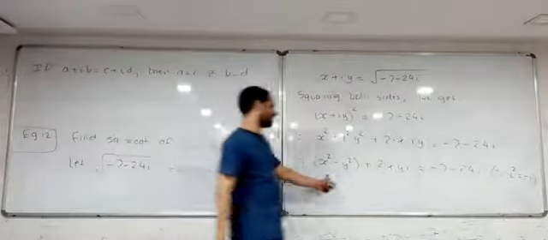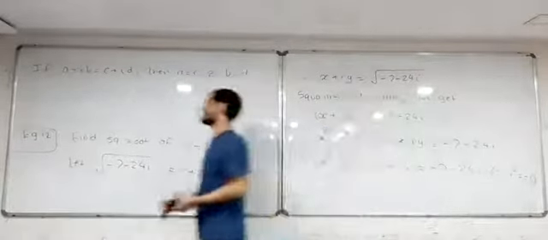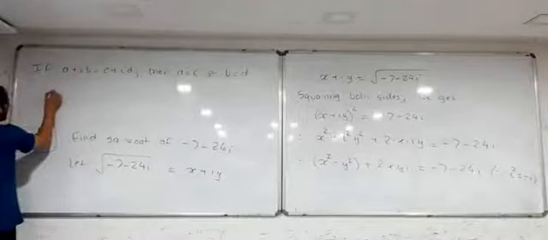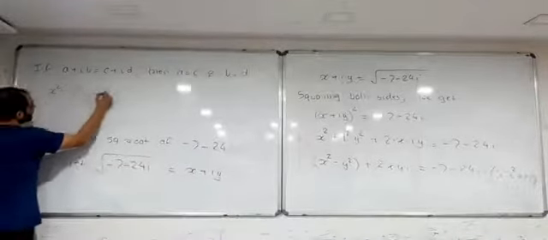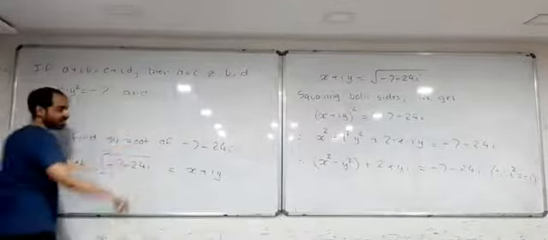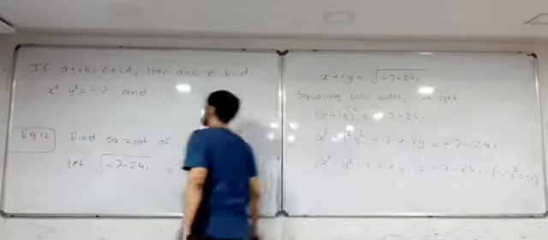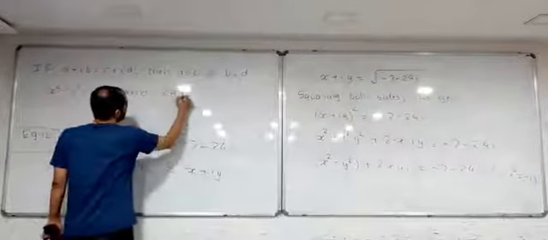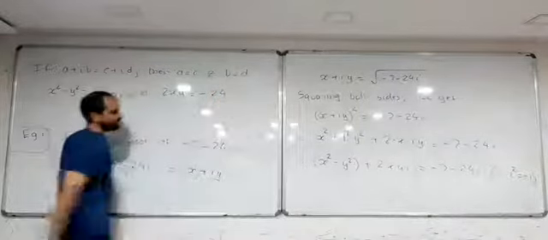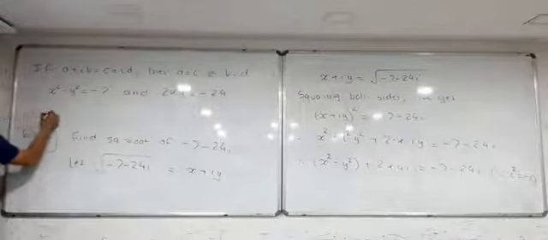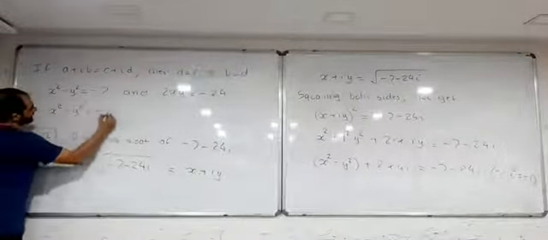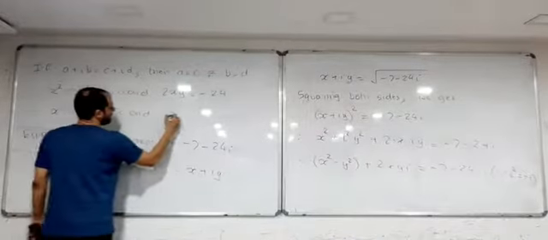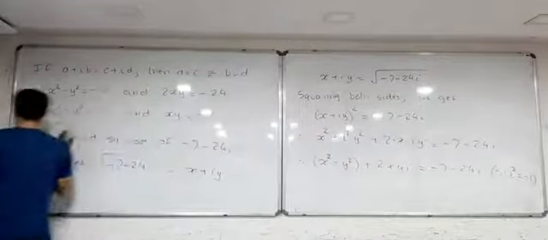The real part क्या है? x square minus y square. The real part क्या है? Minus 7. So x square minus y square is equal to minus 7 and इधर imaginary part क्या है? i का coefficient क्या है? 2xy और उधर i का coefficient along with the sign is minus 24. So I end up getting x square minus y square is minus 7 and xy is equal to minus 12.